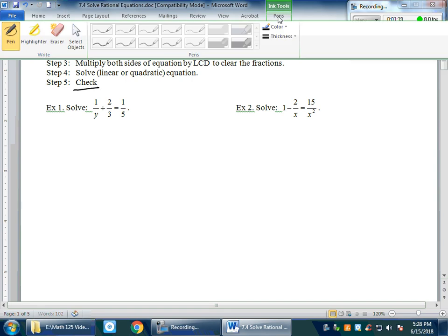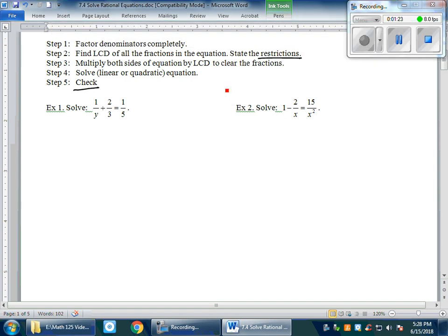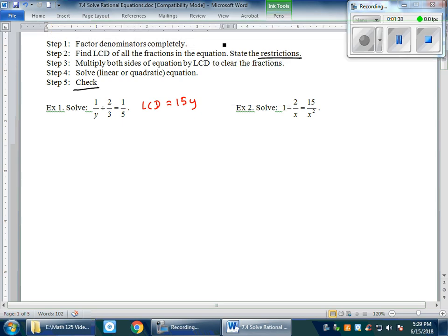Our LCD in this case is y, 3, 5 together, so the LCD is 15y. Now I'm going to multiply both sides of the equation by this 15y to clear the fractions.